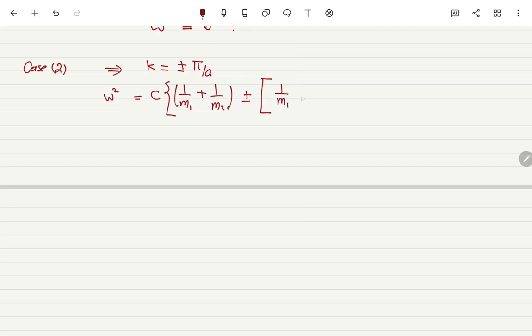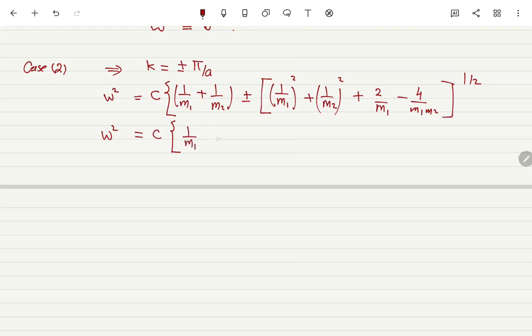(1 over m1) square plus (1 over m2) square plus 2 over m1 m2 minus 4 over m1 m2) to the power half, and omega square upon simplifying this one here equal to c(1 over m1 plus 1 over m2 plus or minus (1 over m1 minus 1 over m2) square to the power half).